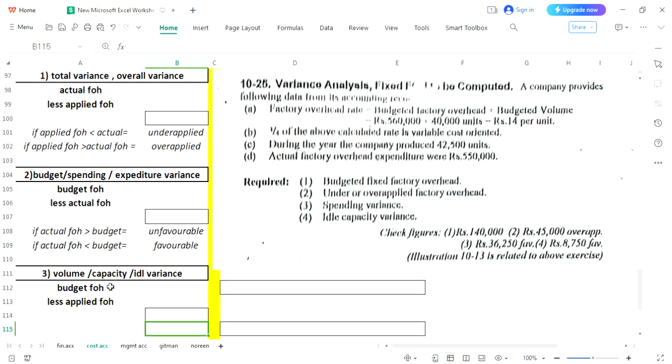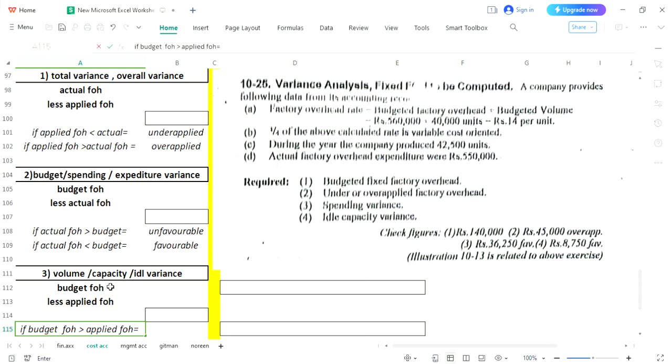Then you will conclude by focusing upon budget. If your budget FH is more than your applied FH, you will conclude budget is more. That means you have to arrange more, so it would go unfavorable for you.